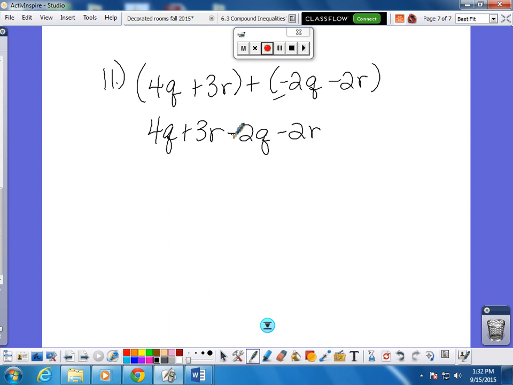Subtraction is defined as adding an opposite or adding a negative, if that helps you. This is going to say negative. Its sign was negative. This did not say to find the opposite of. So I'm not going to change those signs. I'm just going to keep them like they were, just like I did here. All right, 4q minus 2q would be 2q. And 3r minus 2r is plus 1r. And you can put that 1 there if you want to.